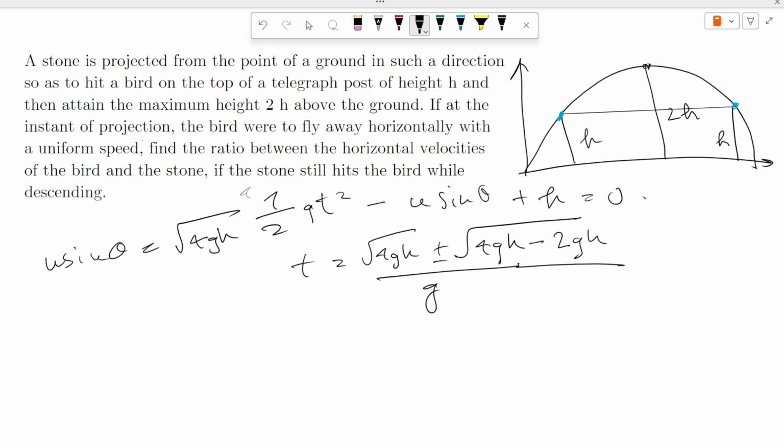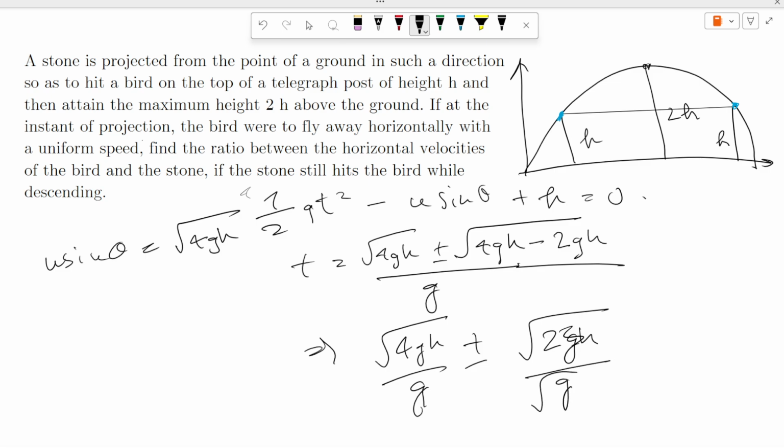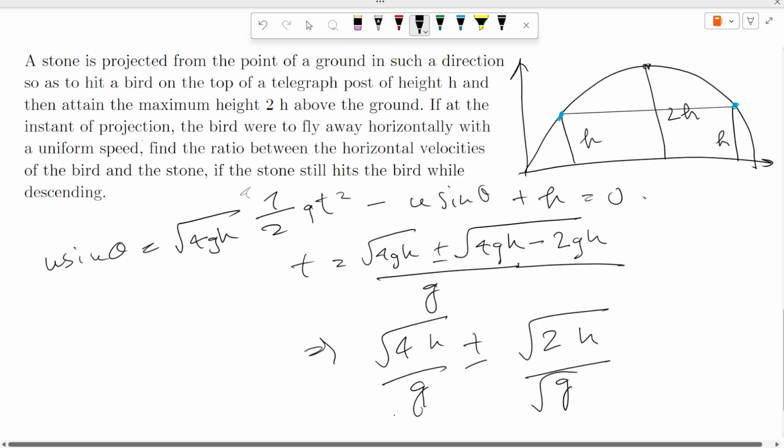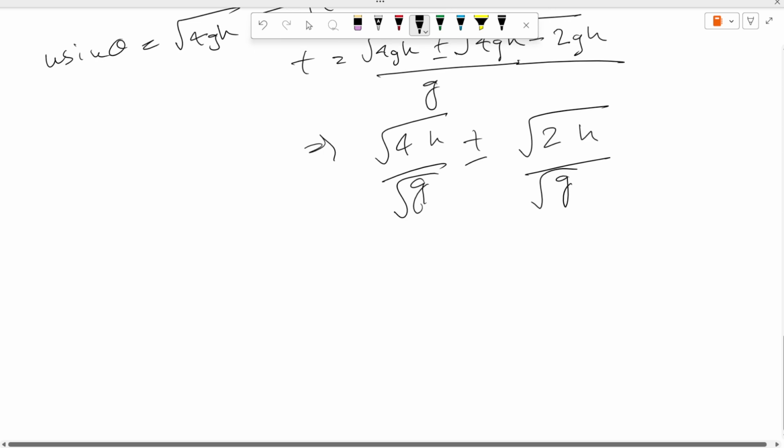So this is what it becomes basically. Now when we proceed with this, we get 4gh upon g plus minus root 2gh upon g. So we just put a root here and take this out, right? So this is what we are left to work with in this scenario.